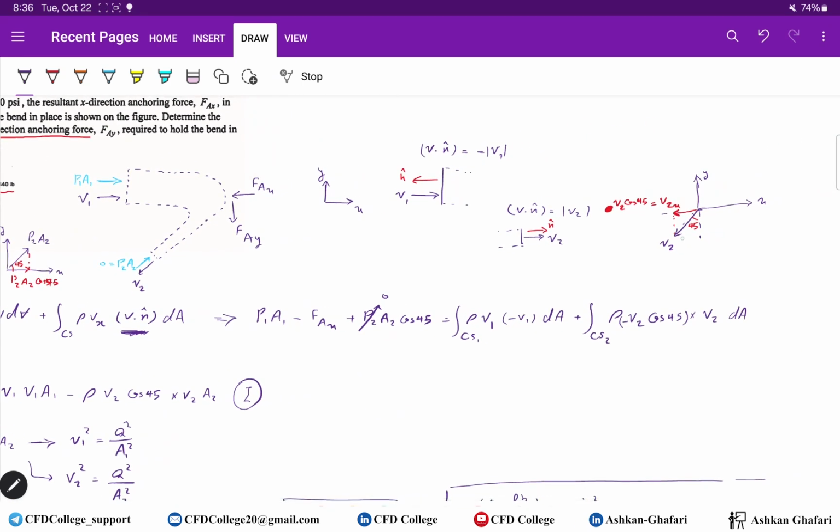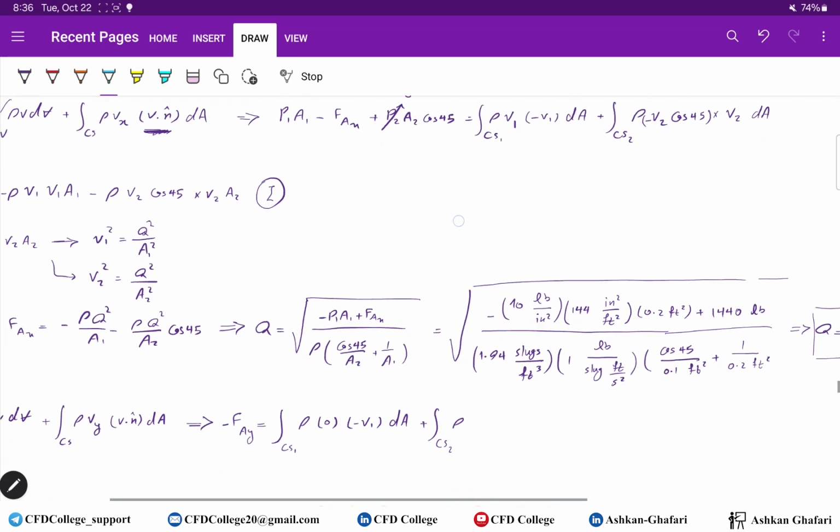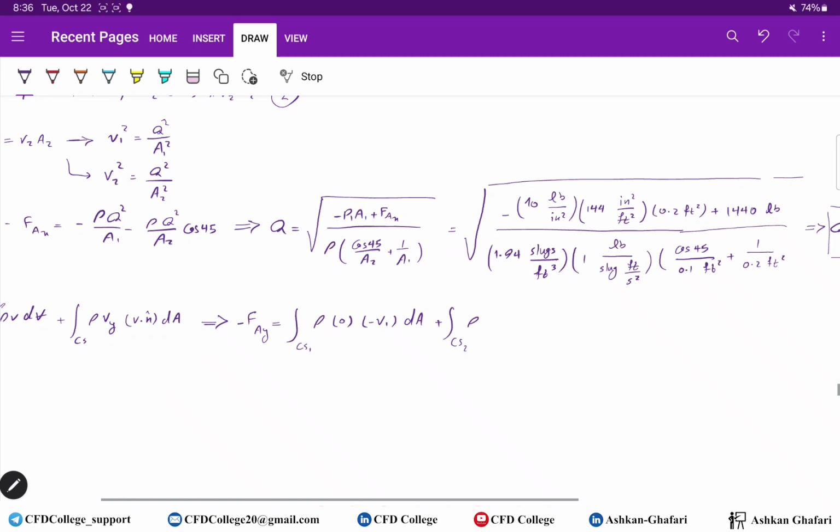If you see here, we have v2 in y direction, v2y equals v2 sine of 45, but you should remember that it's in the opposite direction, so we need a negative sign. Rho times minus v2 sine of 45, and v2 dot n, since it's an outlet, equals v2 dA.